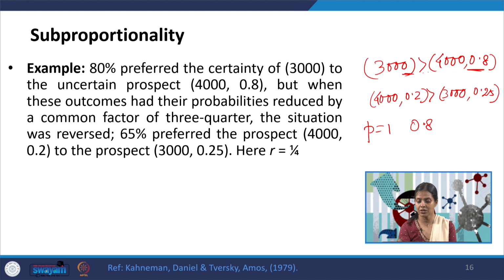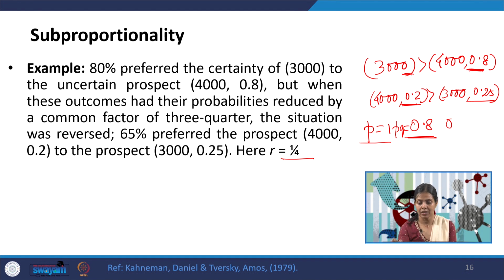So, here the ratios are of, say, this is PQ. If we call it PQ, then this is a ratio of 0.8 by 1, and here this is 0.2 and this is 0.25. So, if we stick to our values of P as 1 and Q as 0.8, then R would turn out to be 0.2.